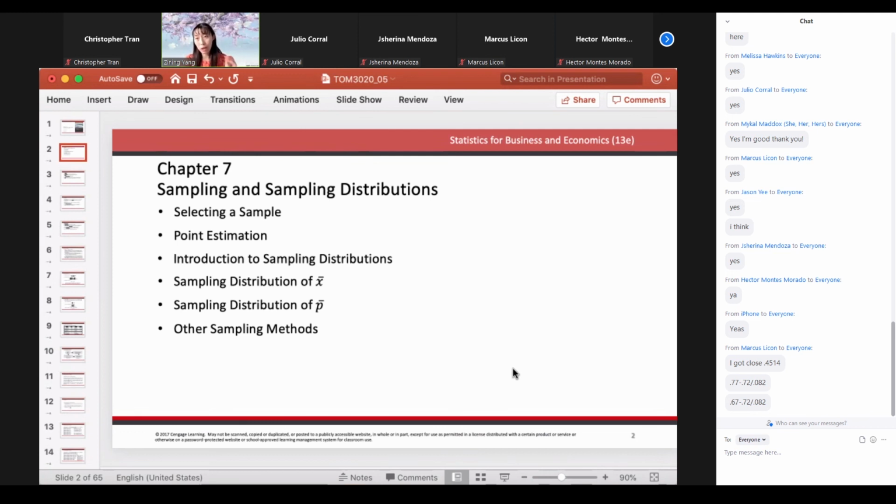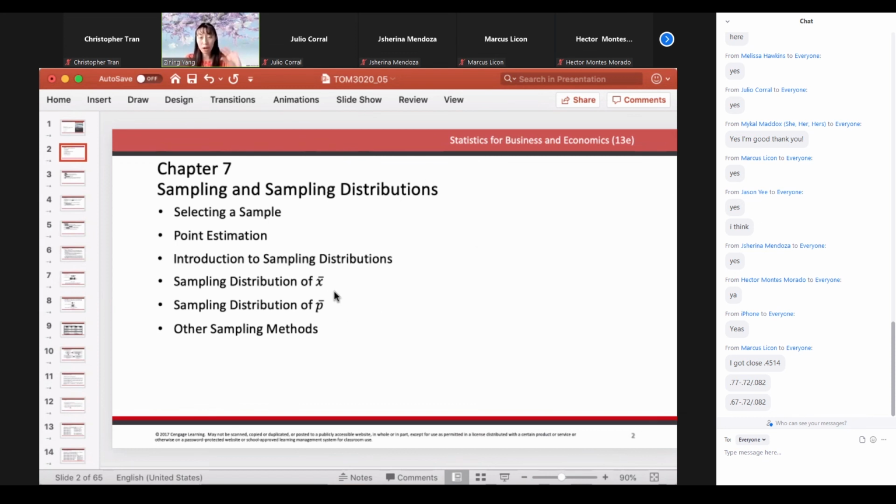So you will not have this in the fill in the blank, but you may have one or two questions in the multiple choice section. That's the only way I can check that you read through. But don't expect any hard question on selecting samples and other sampling methods, those theoretical foundations.